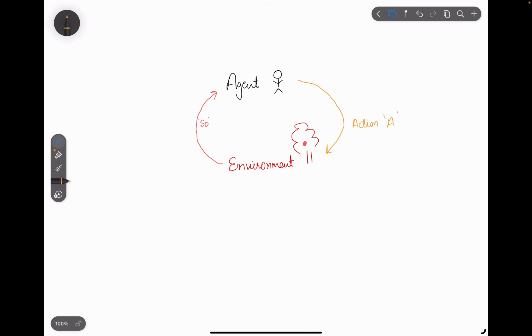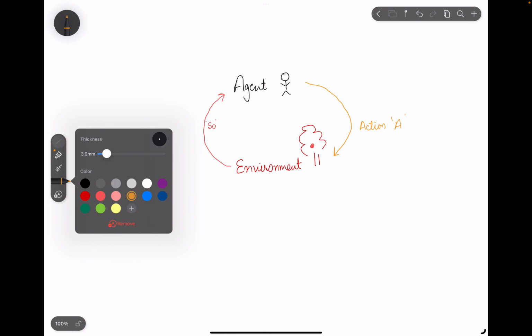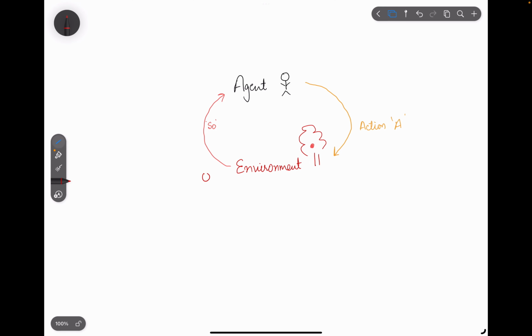So I got near the tree and plucked the fruit. Now I have the fruit, and that is a new state again, S1. Sorry, not the state, that is my reward.